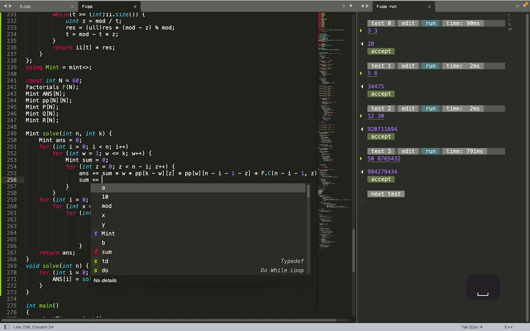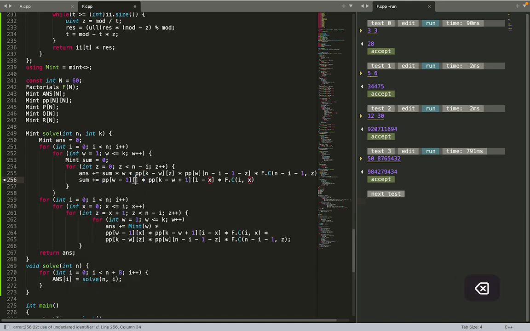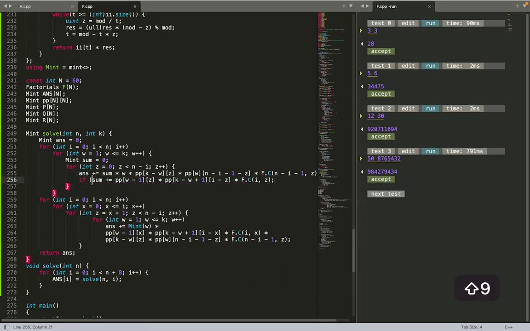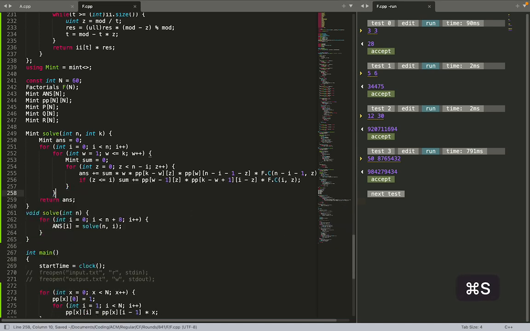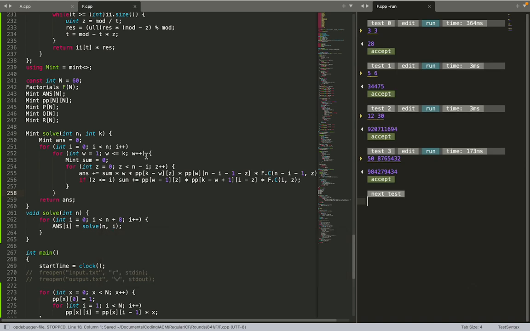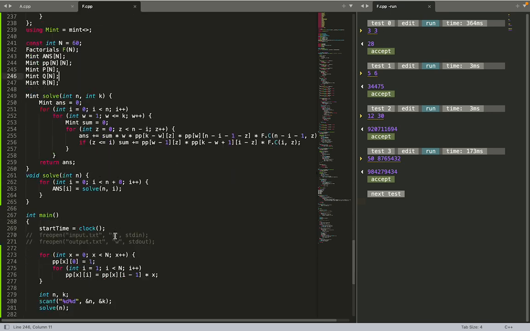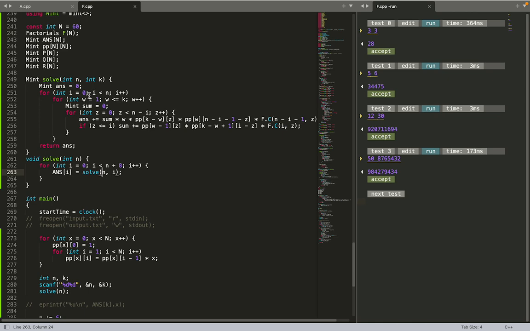So the sum is increased by this thing, but only if it is at most i. Yep, it works, right? Yep. And that's n to the fourth. We have a cycle here, and then cycle, cycle, cycle. That's n to the fourth.